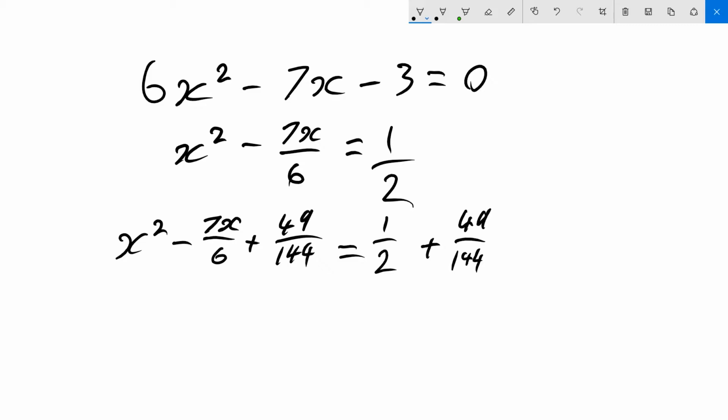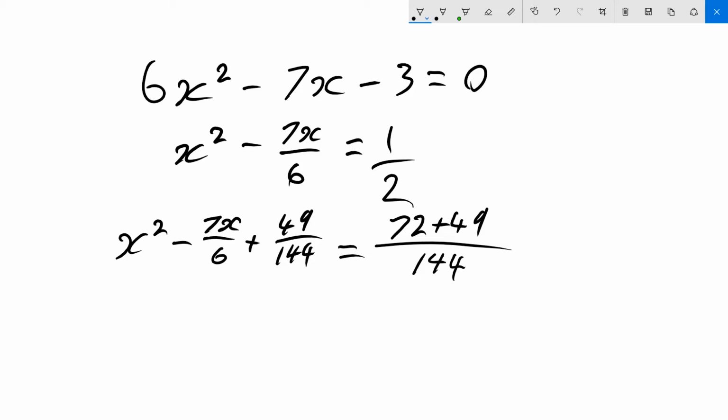These two fractions we're going to have to add together, so let's times this 1/2 by 72, which is half of 144. So we get 49 plus 72 over 144, right?